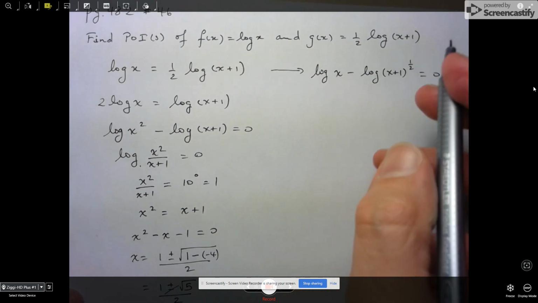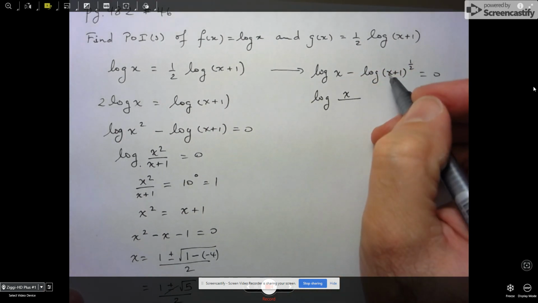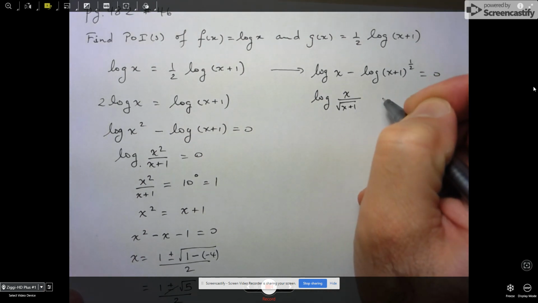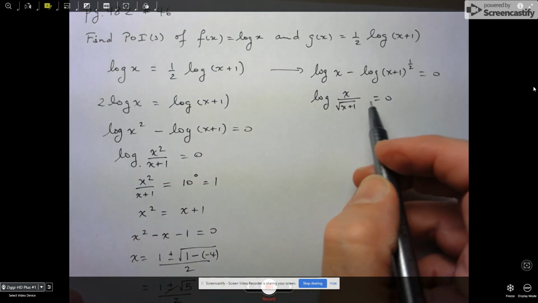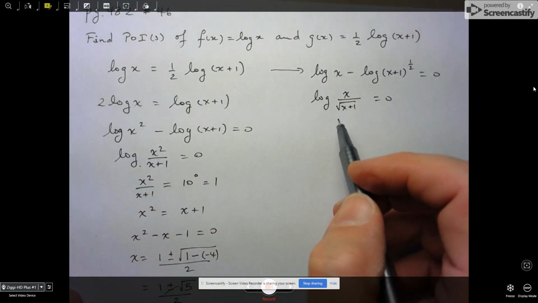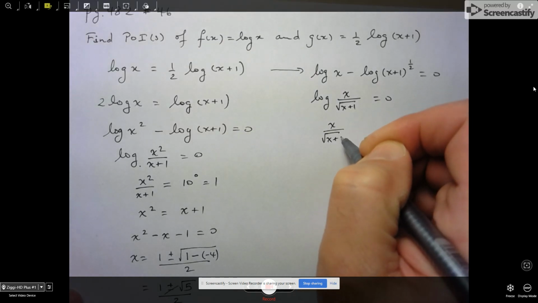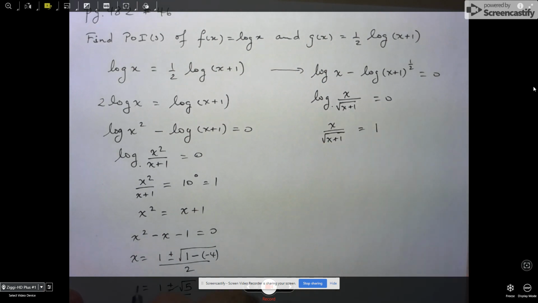Use the second logarithm law. So this becomes log of x over, and of course x plus 1 to the 1/2 is just the square root of x plus 1, equals 0. And now again, very similar to what we had before, a single logarithmic expression equal to a number. So we have x over root x plus 1 equals 10 to the 0, which is 1.